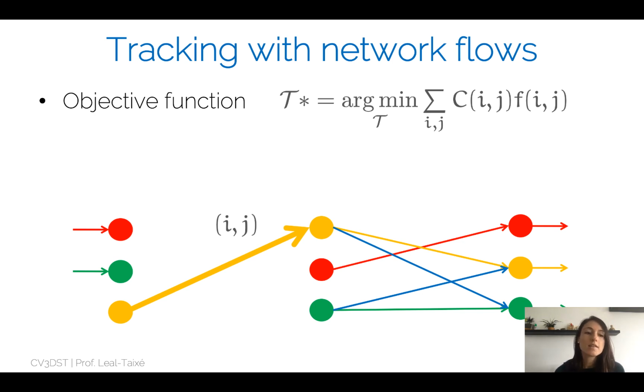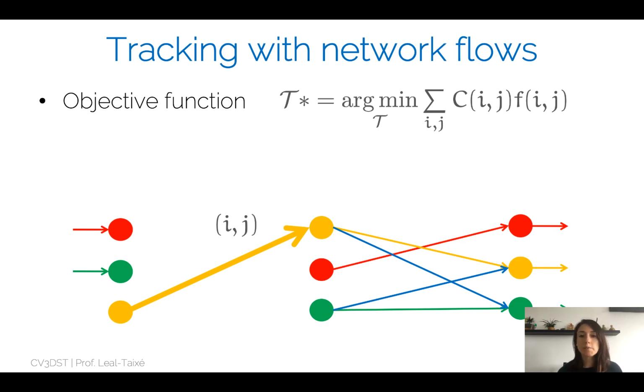So the minimum cost flow problem can be expressed with the following objective function. It is a minimization problem. And this is really important because what we're going to try to do is assign low costs to edges that we think should connect detections that belong to the same person. Since we're solving a minimization problem, low cost is good, meaning the two detections are very similar.